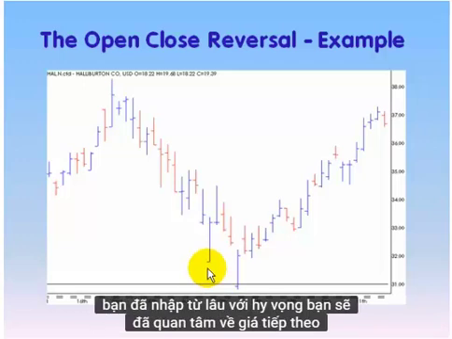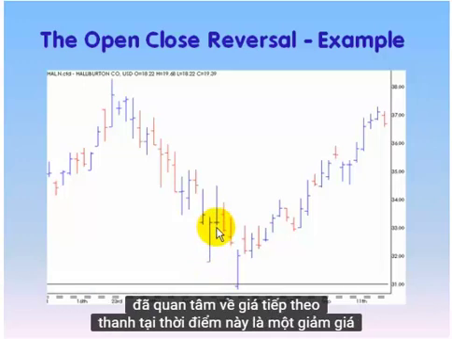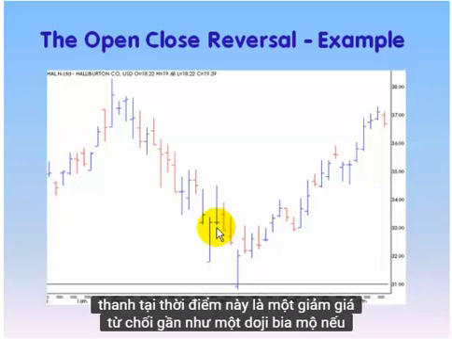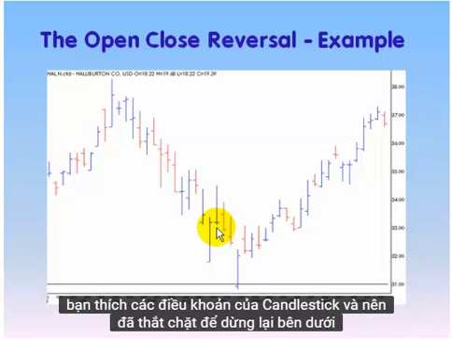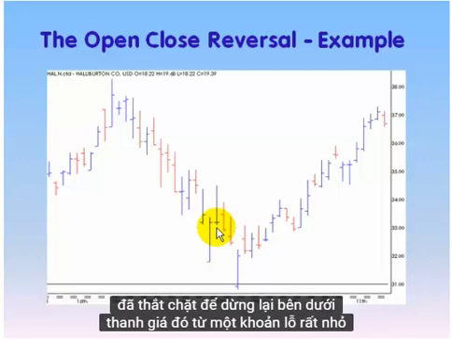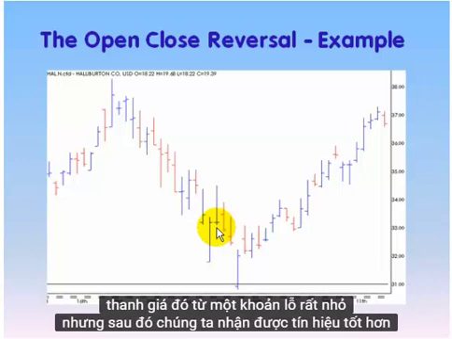Hopefully you would have been concerned about the next price bar at this point here being a bearish rejection, almost a gravestone doji if you prefer candlestick terms. And you should have tightened the stop up underneath that price bar for a very small loss.